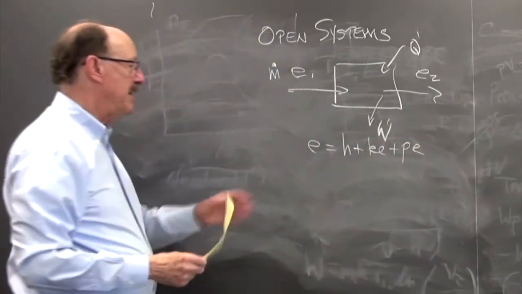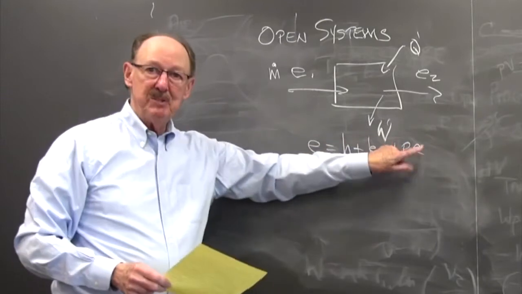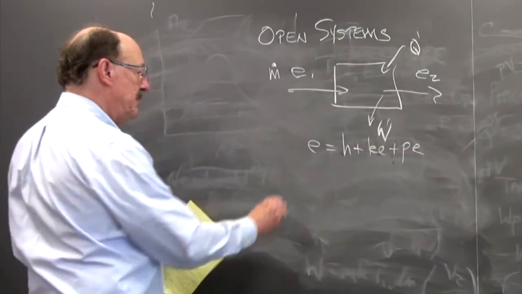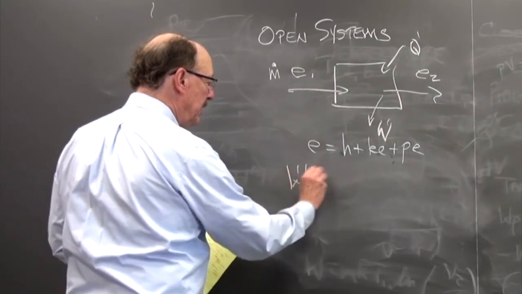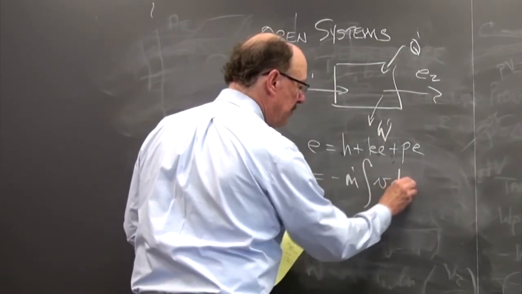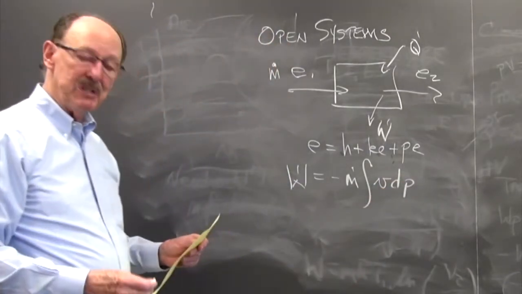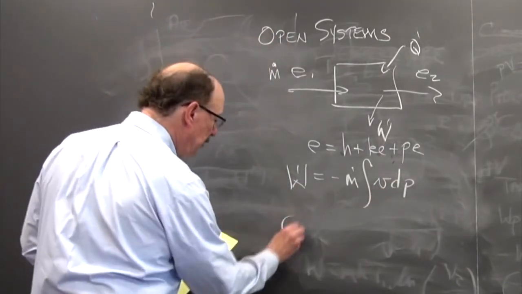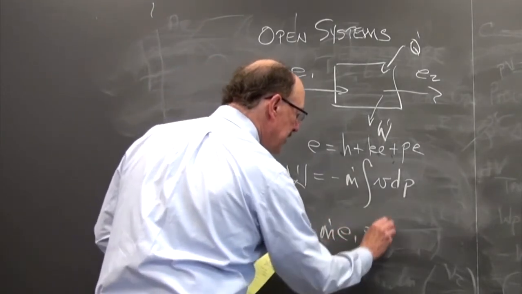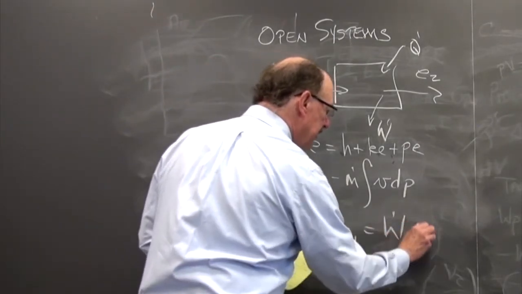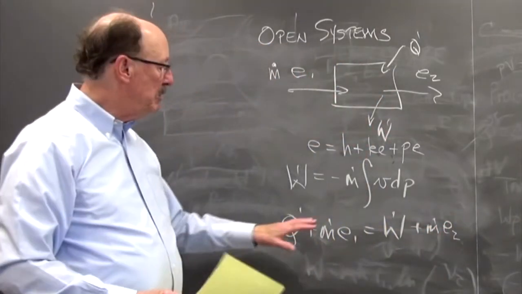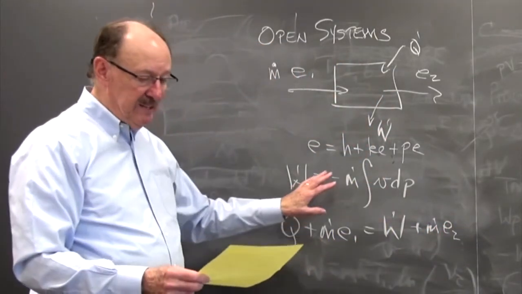So rather than write out H plus KE plus PE all the time, we'll just use E. We know for an open system that the power is equal to minus m dot VDP. And we know that the first law is Q dot plus m dot E1 is equal to W dot plus m dot E2. And so now what we're going to do is apply this law to different systems.